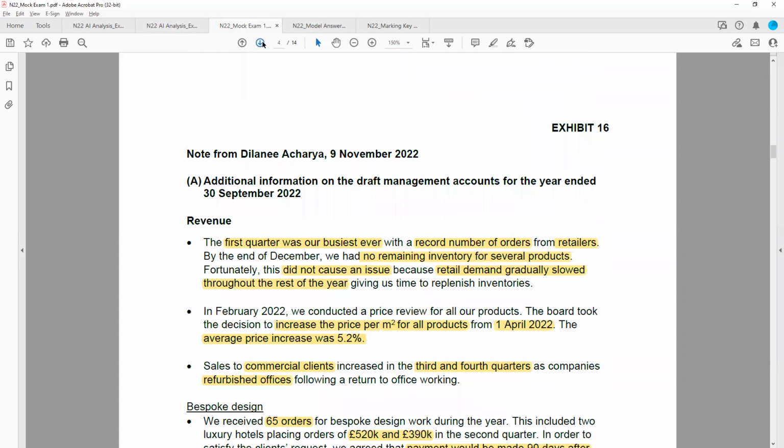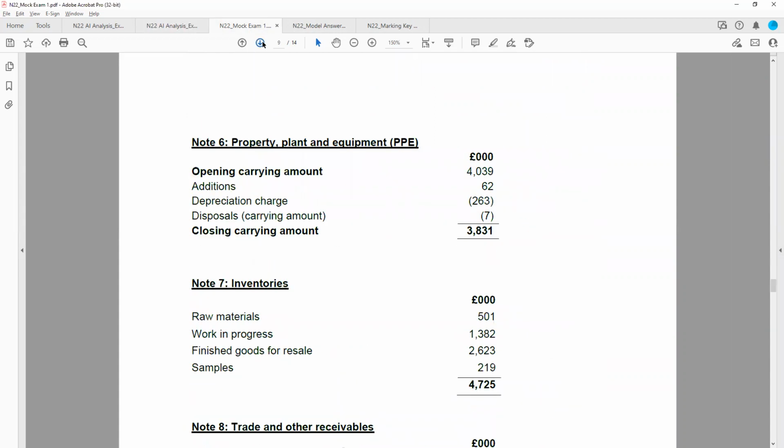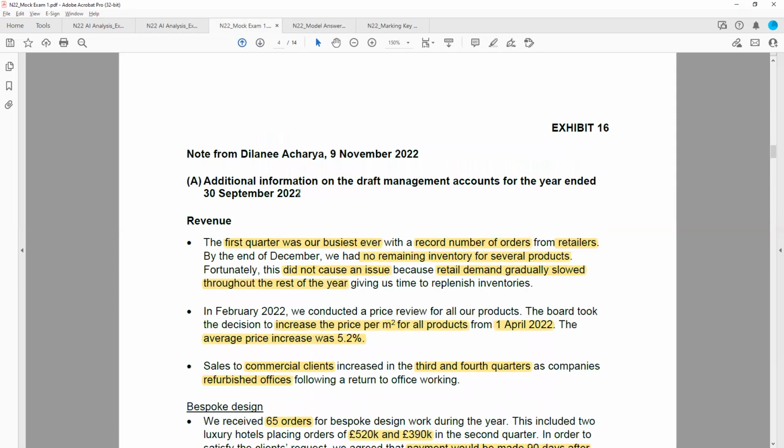I cannot emphasize that enough, and you'll be sick of hearing me say this by the time we get to the end of the course. But it's really important that you do that. Firstly, answer the requirement that the examiner has asked and use that information as much as possible in your answer.